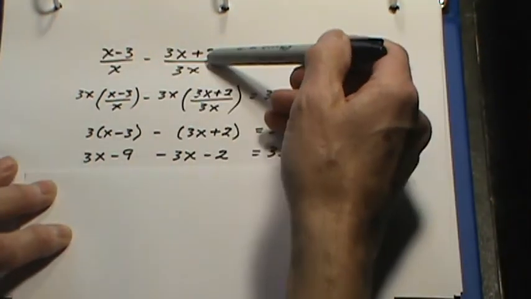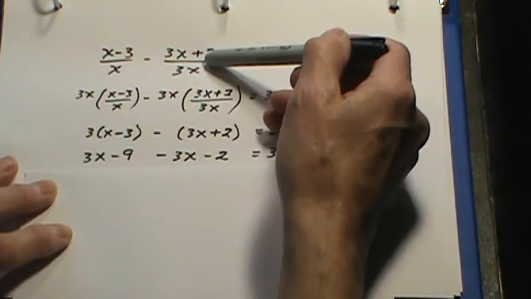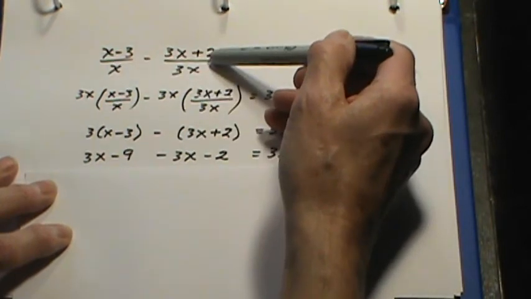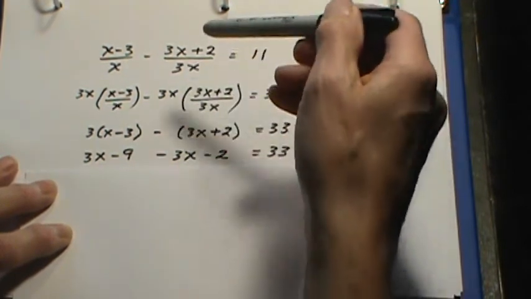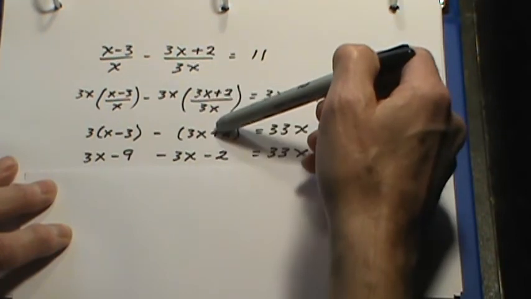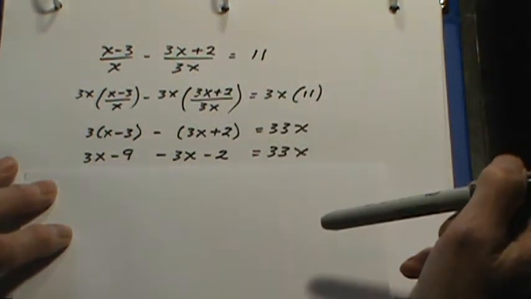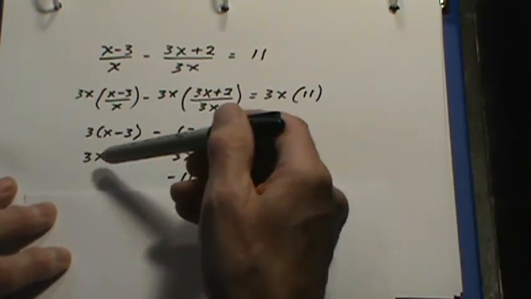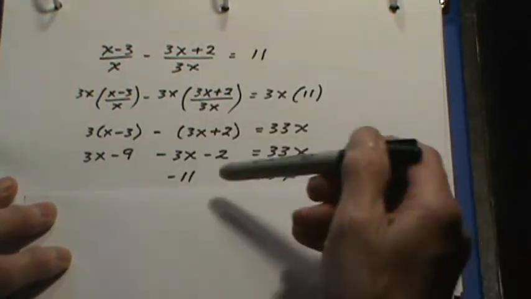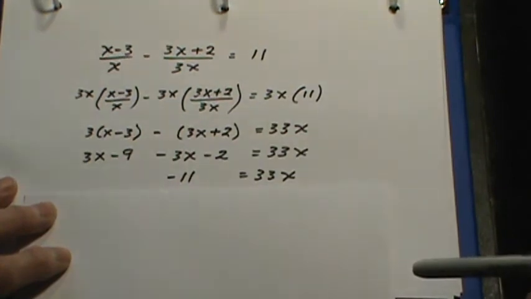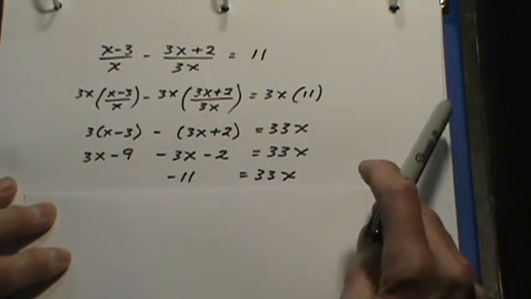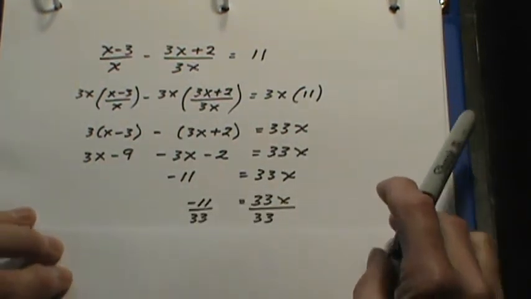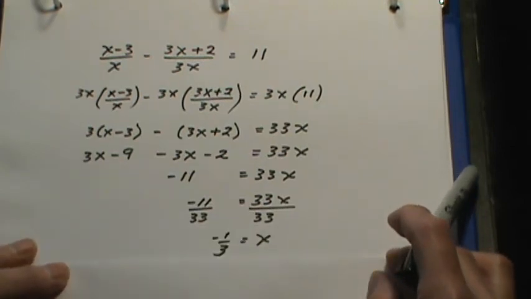I used to call it a bar bracket because it had the same effect as having a bracket around it. And that plus 2 eventually will pick up the negative sign, which is out in front. Simplifying this, the x's disappear from this side, and we get negative 11 equals 33x. Then dividing by 33, we get x equals 1/3.